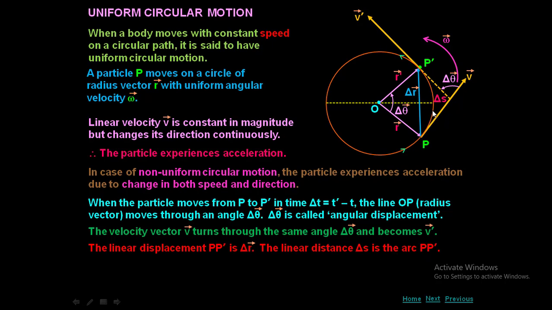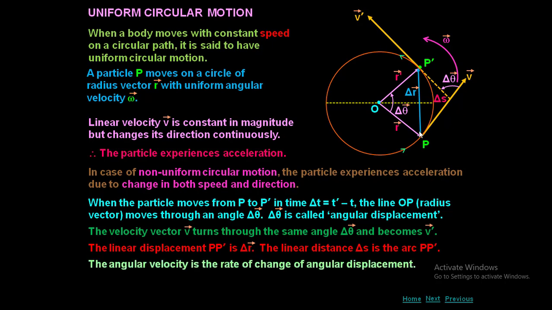So arc PP dash represents linear distance, and the straight line PP dash, that is delta r bar, represents linear displacement. The angular velocity is the rate of change of angular displacement. So delta theta by delta t represents omega. So omega bar is equal to limit delta t tends to 0 of delta theta bar by delta t.